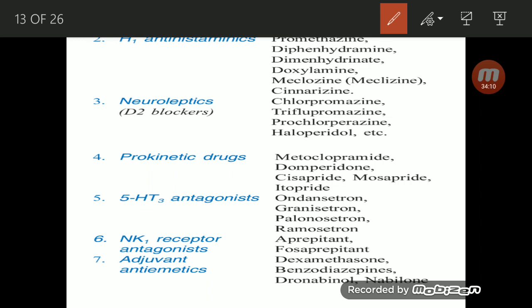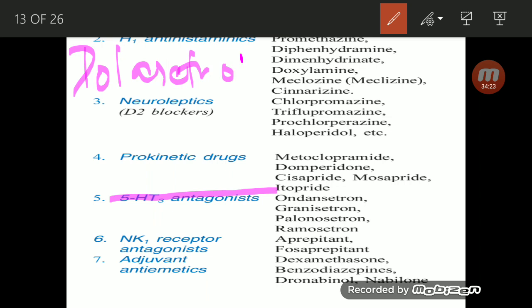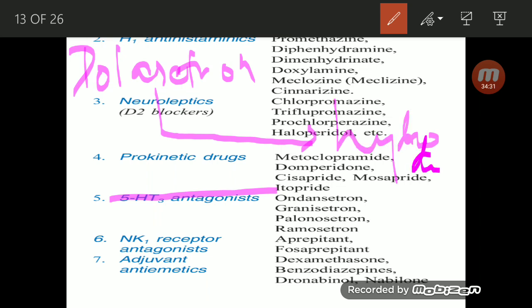One more drug which is not in the list is a prodrug present among the 5-HT3 antagonists, and that prodrug is dolasetron. Dolasetron is a prodrug which, after metabolism, produces hydrodolasetron.